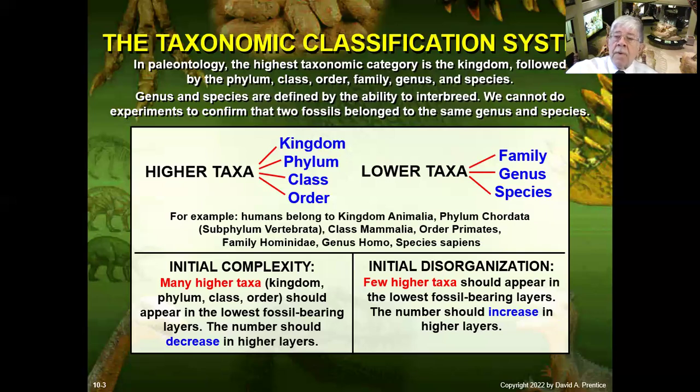So at the very beginning, there was only one, and then later on, as a result of copying mistakes, it evolved, and now we had a second species. Oh, look at that, a second genus, a second family. So at the very lowest fossil-bearing layers, there should be very few of the higher categories represented, and the number should actually increase in the higher layers as more and more types evolved.